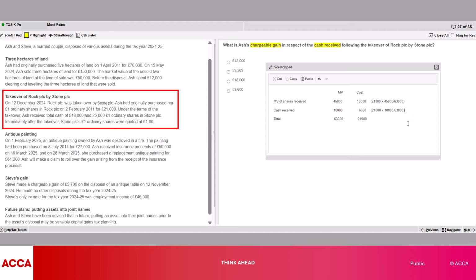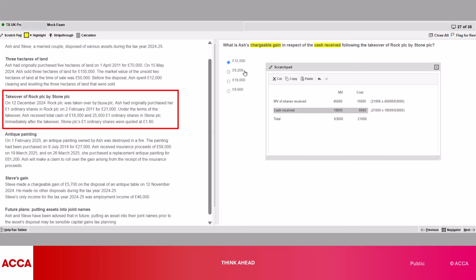So that £6,000 is going to be the cost of the shares that are deemed to have been sold for cash. So our gain is the cash of £18,000 less the £6,000 cost of the shares that have been sold for cash, which is the first answer, answer A.